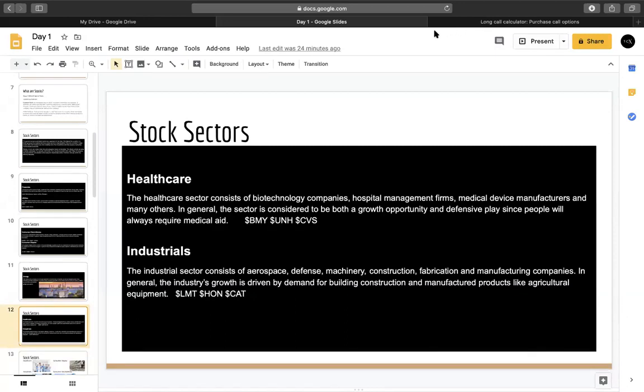Industrials. The industrial sector consists of aerospace, defense, machinery, construction, fabrication, and manufacturing companies. In general, the industry's growth is driven by demand for building, construction, and manufactured products like agricultural equipment.